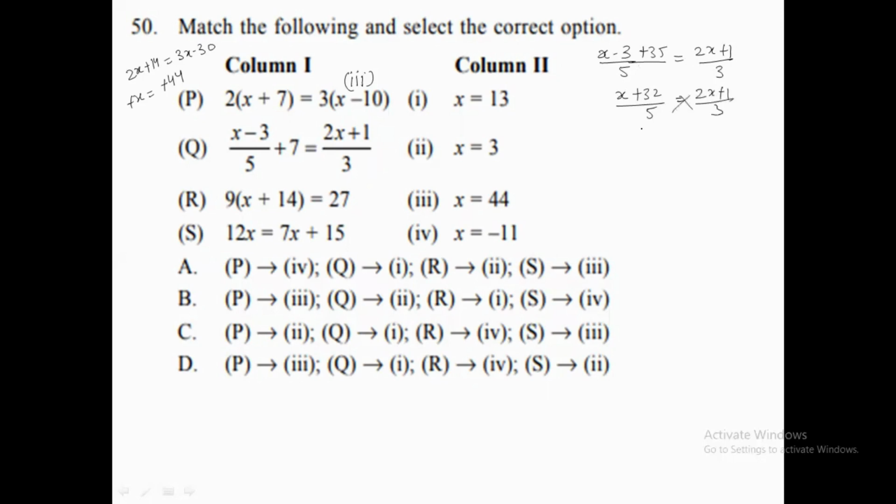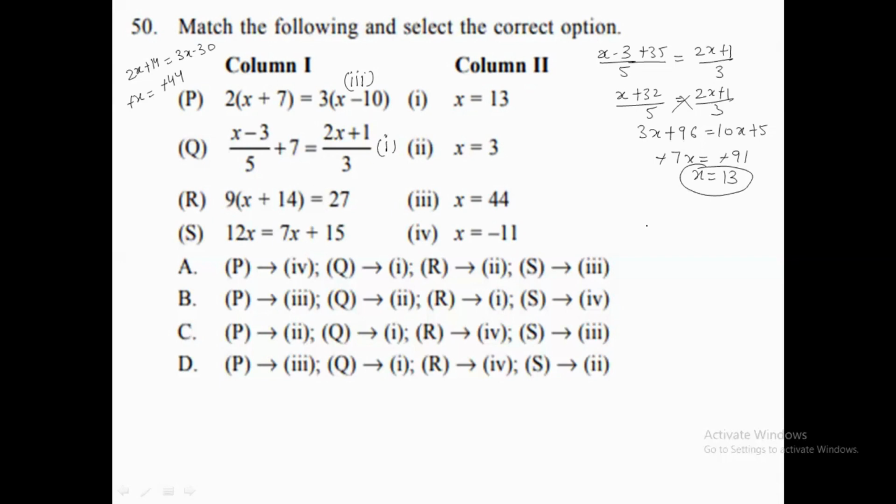Cross multiply it, so we get 3x plus 96 equals 10x plus 5. So 3x minus 10x is minus 7x, which equals 5 minus 96, that is minus 91. So x equals 13. That is the first option, so the Q answer is the first option.